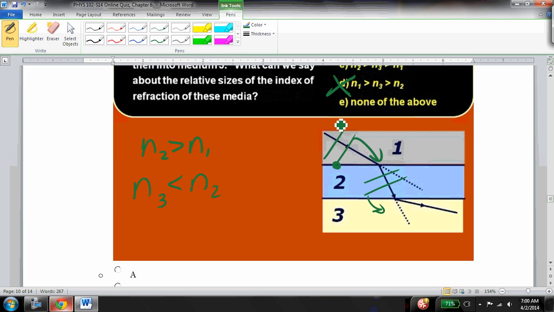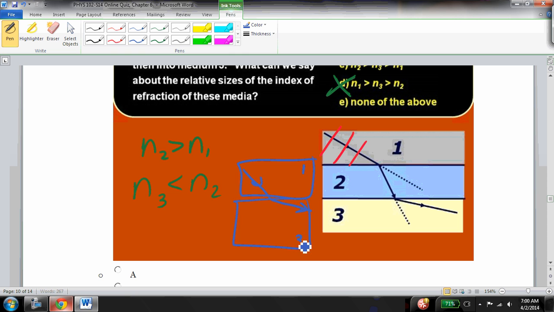So now we have either A or C. So now we can think about N1 versus N3. I have light rays that travel along here. Imagine N2 just isn't there. Actually, let me redraw this so you can see. That's going to be N1. This is N3. I have a light ray that comes in like this, and then it bends away from the normal.